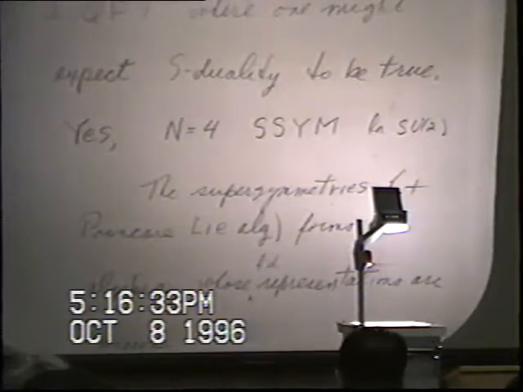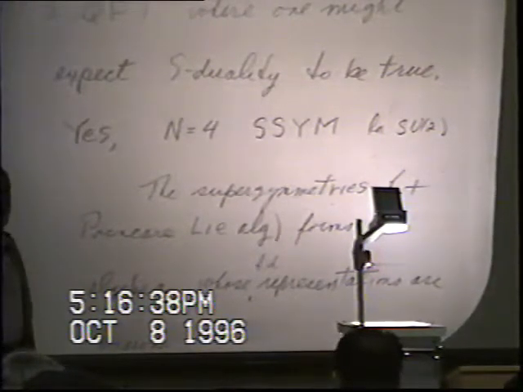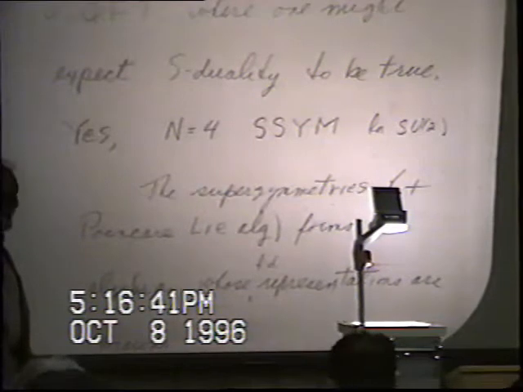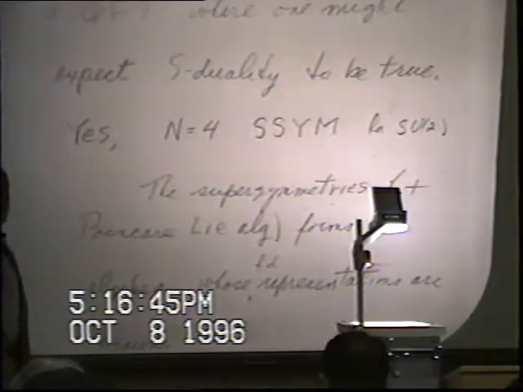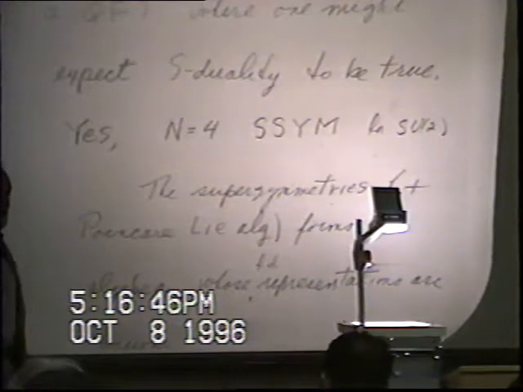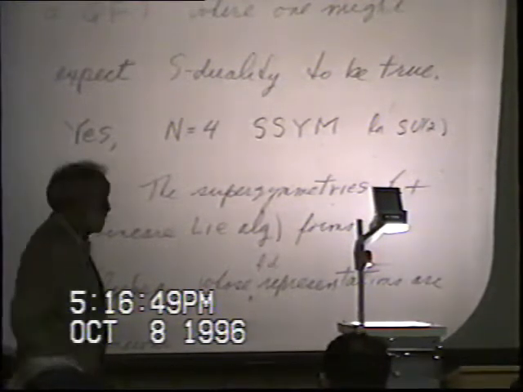In fact, I stated in my second lecture at the end one consequence, or one test, of that duality in terms of modularity of a generating function for Euler characteristics for moduli spaces.